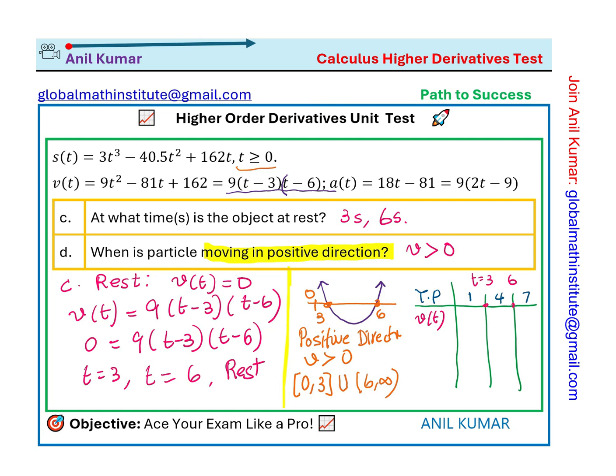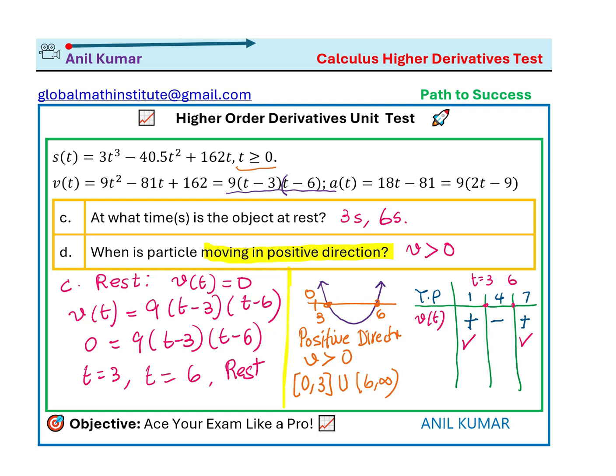So if I plug in 1 in my velocity expression, I will actually get a positive value. If I plug in 4, I'll get a negative value. And for 7, I get a positive value. And therefore, I get my solution that it is during the interval 0 to 3 and beyond 6 that the velocity is positive. Makes sense, correct? So that is how we are going to answer part C and D.